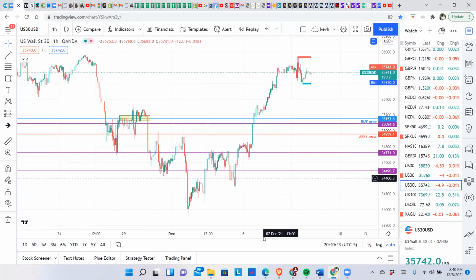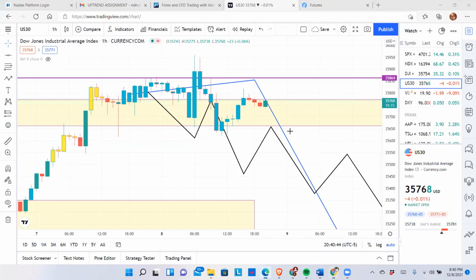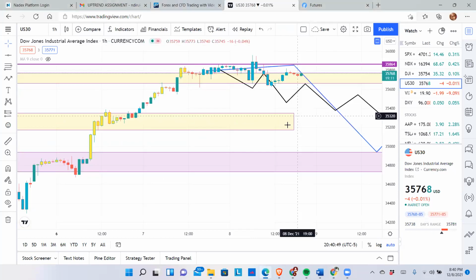I'm able to come back to this chart. We have this level right here at 35,200 as an area of interest, and 35,000 as our ultimate TP for the sell. Okay, so we are waiting for the market to sell all the way to 35,000.